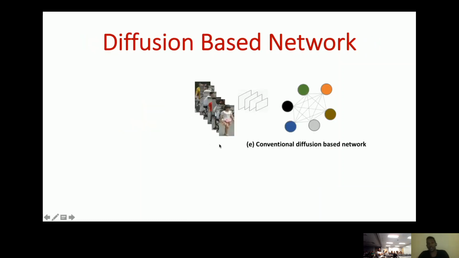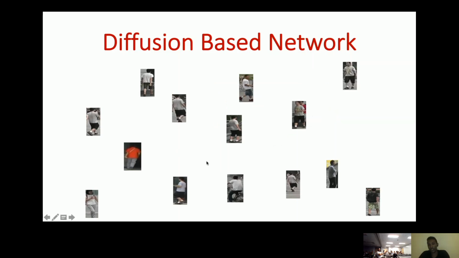The other one, and the one which is similar to our proposed network, is the diffusion-based network. In this case, there have been recent works which try to integrate the classical graph-based similarity diffusion method into a deep neural network, or in between the learning, to exploit the contextual information hidden in the relation between a given set of images. One example of such methods is a deep model which exploits a random walk method.